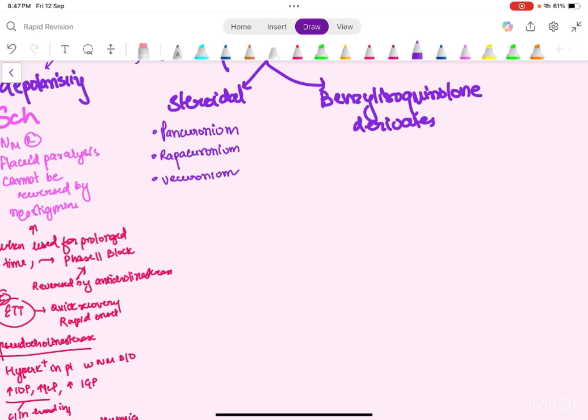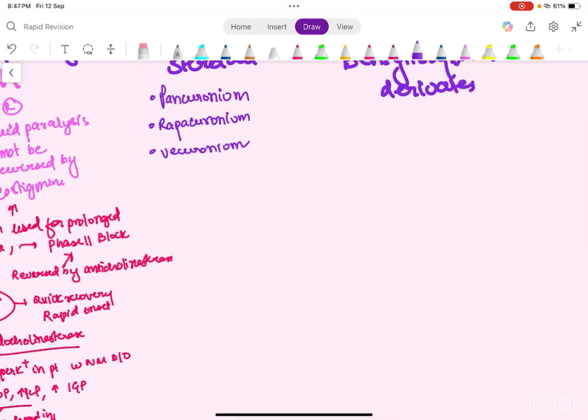So basically they have a very little histamine releasing action. They show a vagolytic action because of their action on M2 receptors.